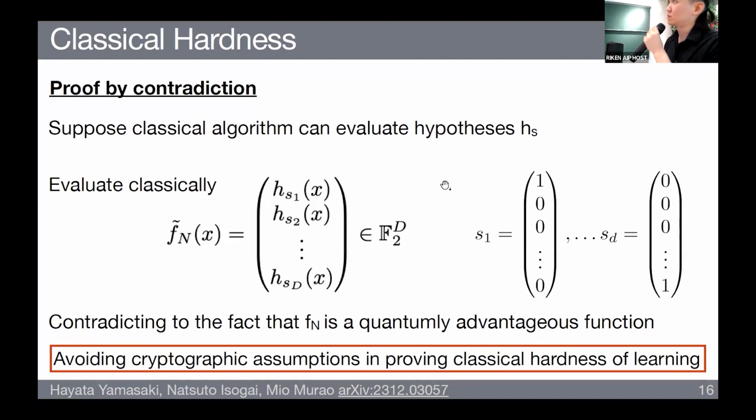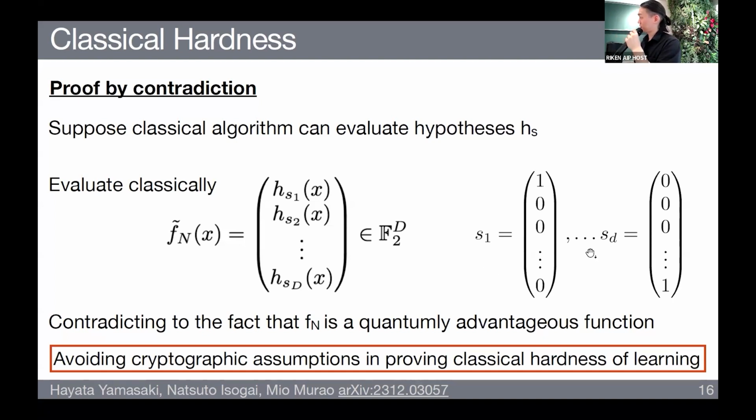Yes. So the actual logic is as follows. Suppose we have a classical algorithm that can evaluate some hypothesis for our learning task, and also we assume that this is possible for every choice of S. Then we can smartly choose different S's, and under this assumption, we should be able to have some classical algorithm to correctly classify the data.